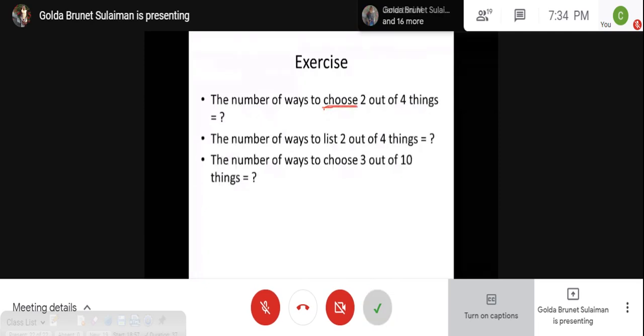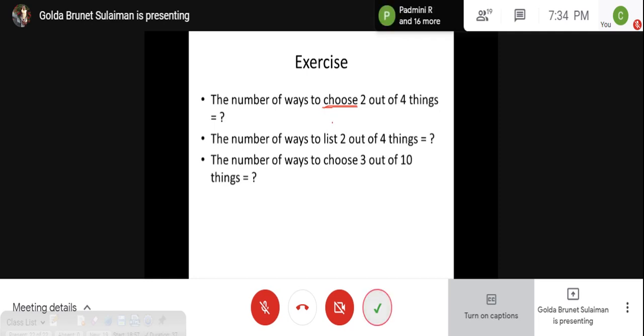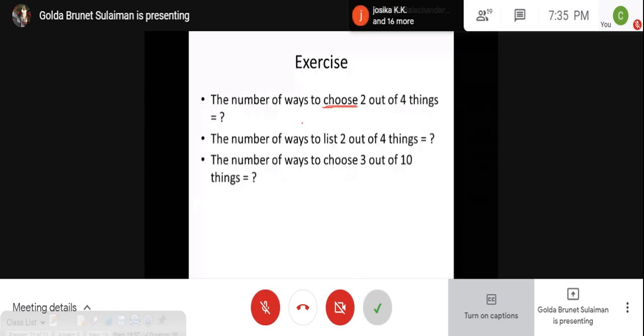When you have the word choose, it is combination. When we choose, we don't mind the order. Suppose from a basket of 3 colored balls, red, blue, and green, I want you to choose 2 different colored balls.